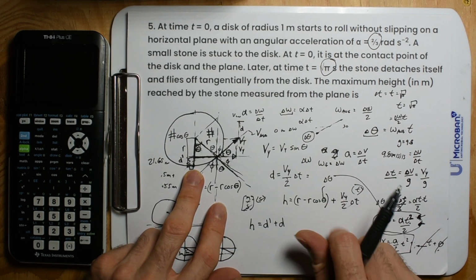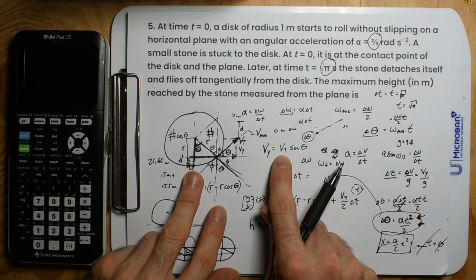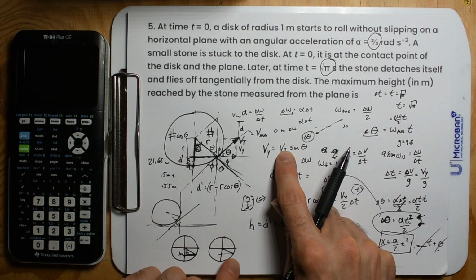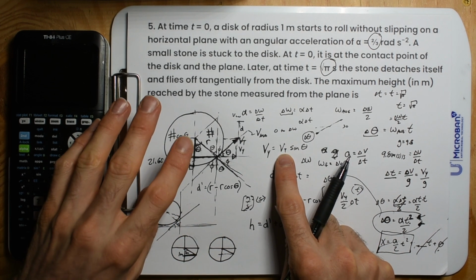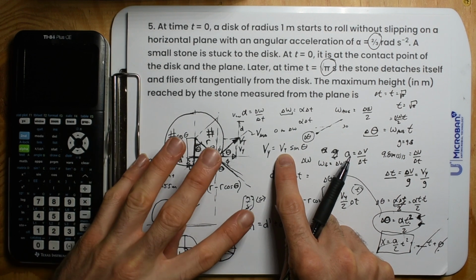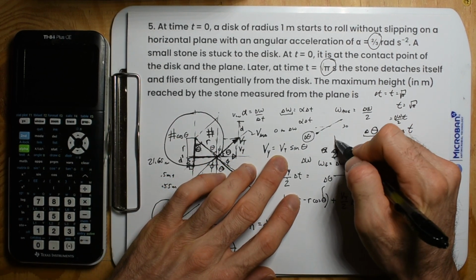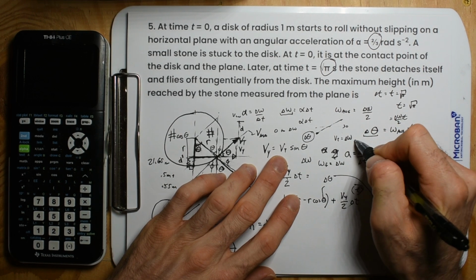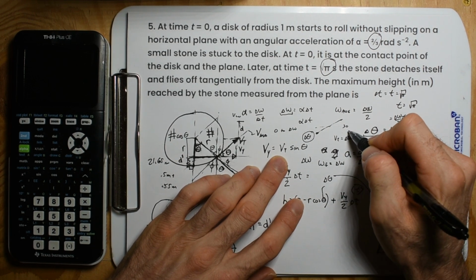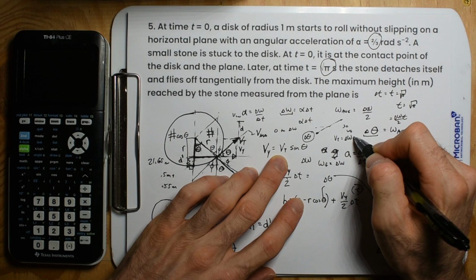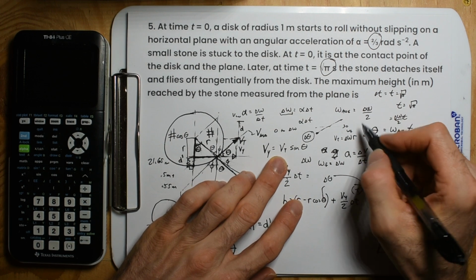And what did we say tangential velocity is? Radians per second times radius gives you something normal. So tangential velocity is the final radians per second times the radius. Cool.